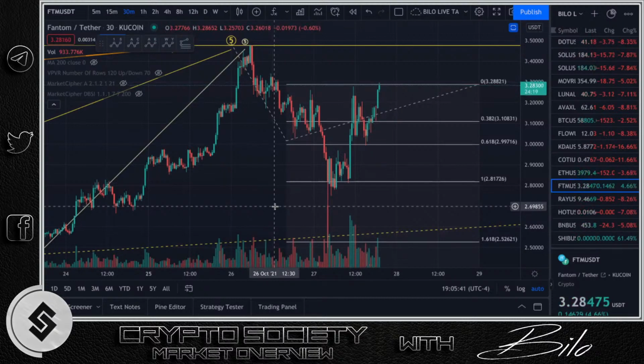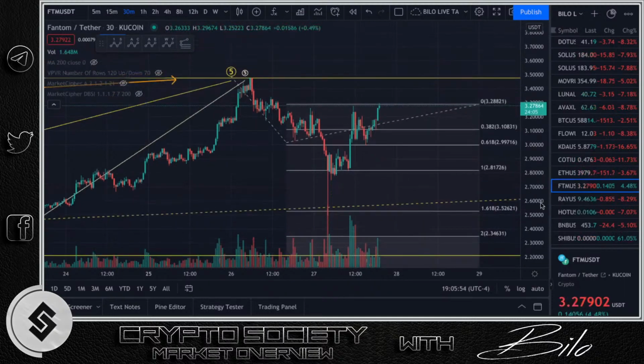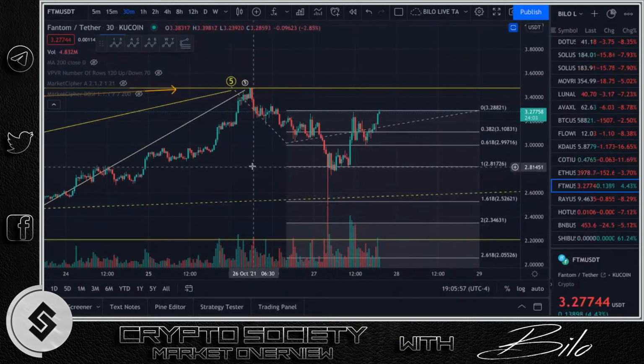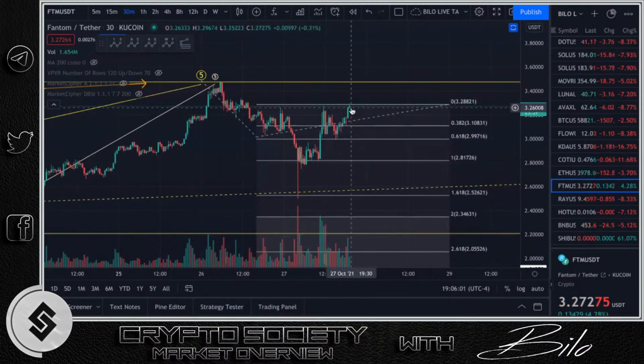Okay, go in. Is that an inverse head and shoulders there as well, Bilo? Yes, it is. Nice. Very nice. I'd say the target of that's probably about 380, roughly. Just eyeing it.